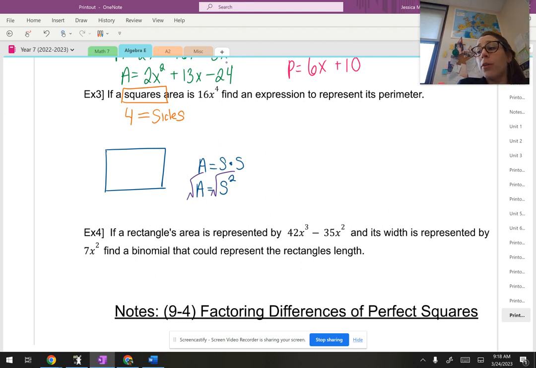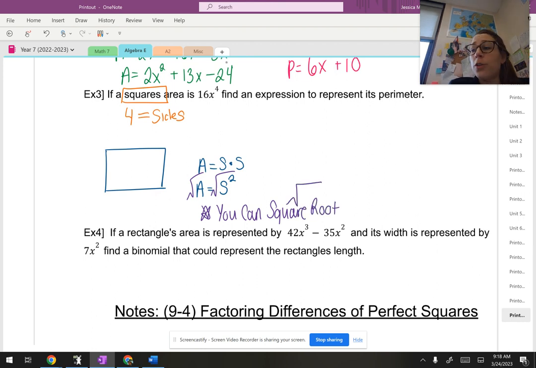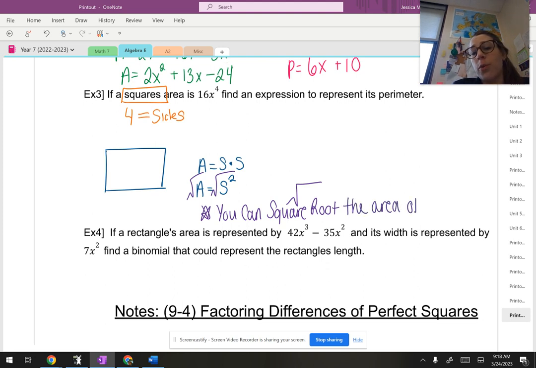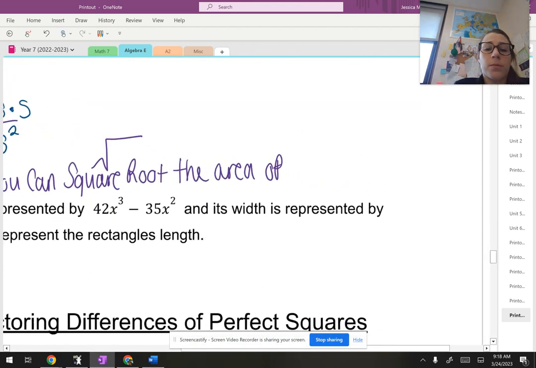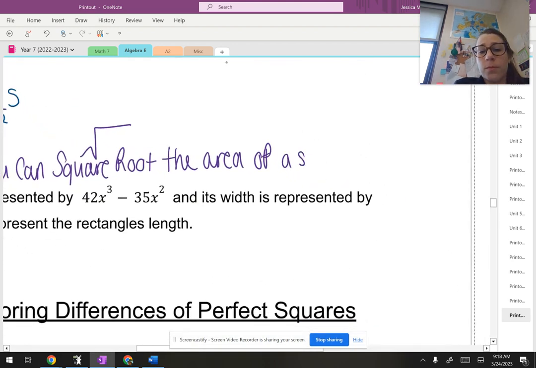So, moral of the story here is that you can square root the area of a square to find the sides.